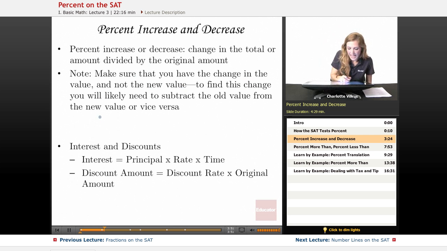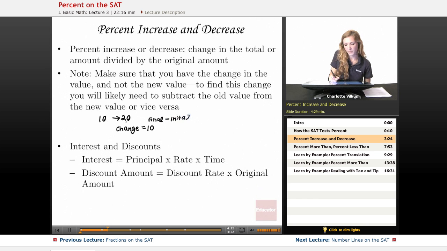So if I have a number that goes from 10 to 20, my original value is 10 and my final value is 20, which means that my change is going to be equal to 10, and I find that by taking my final and subtracting my initial from it.